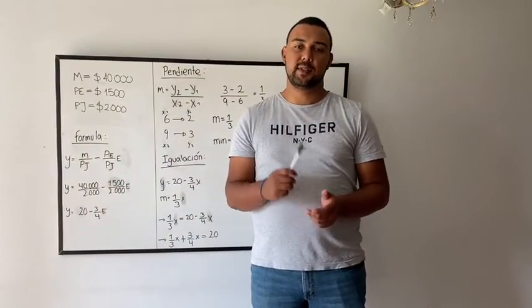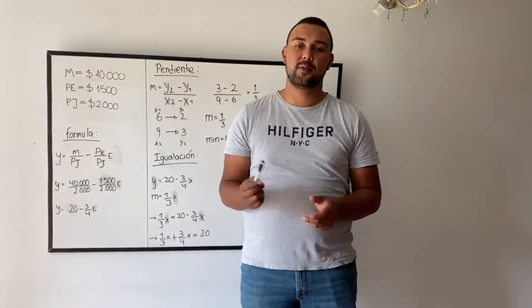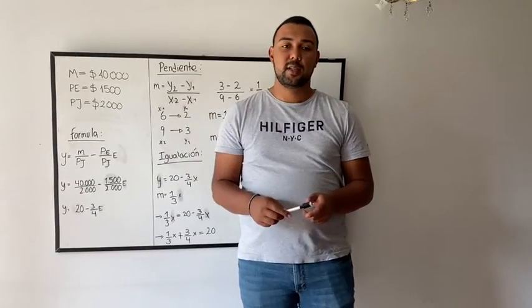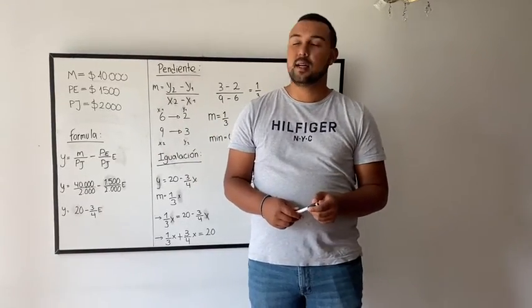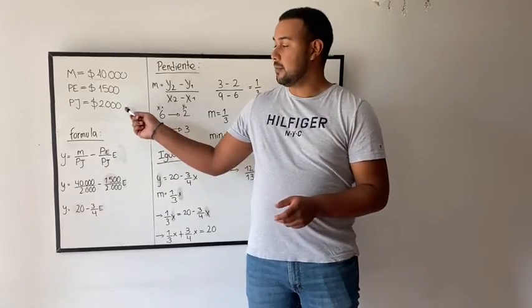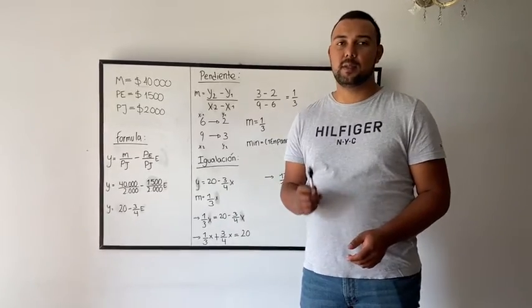To get this answer, I did the following procedure. As a first step, I identify my variables, which are the budget that I have to surprise my friend, which I will reflect as M, the price of the empanadas, which I will reflect as PE, and the price of the juices as PJ. Now, having my variables and my formula clear, I'm going to replace.